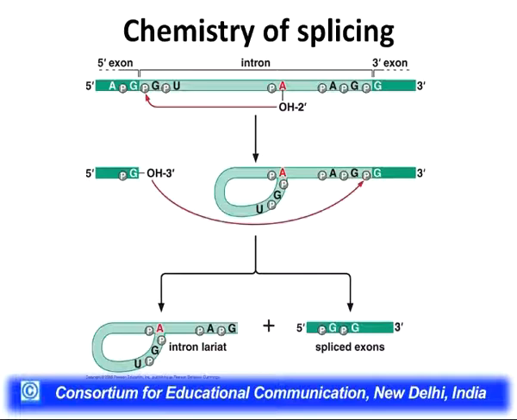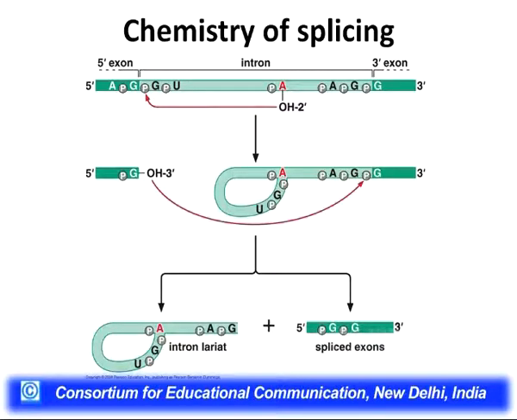But that rarely happens in a cell because first of all, there is an increase in entropy. One RNA molecule is getting cleaved into an intron and two spliced exons. That means one is getting cleaved into two. Secondly, one of the products, that is the intron, gets cleaved immediately after formation. So, there is no reversible reaction occurring here. The intron does not go and insert itself into the spliced exon anymore.